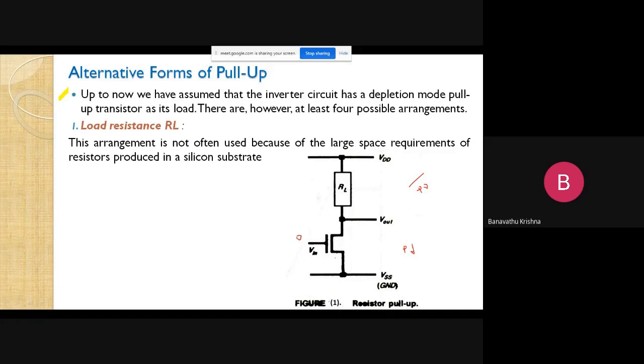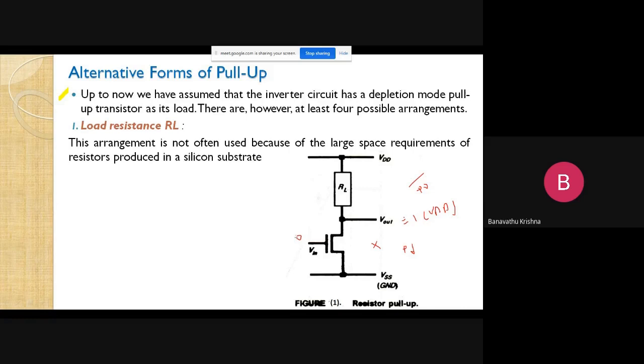Then it is an open switch, which means it is in off condition. Then there is connectivity between VDD and Vout through this resistor. Then the output is 1, or VDD, right?